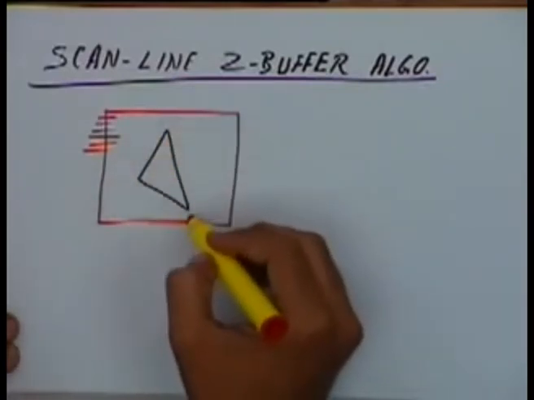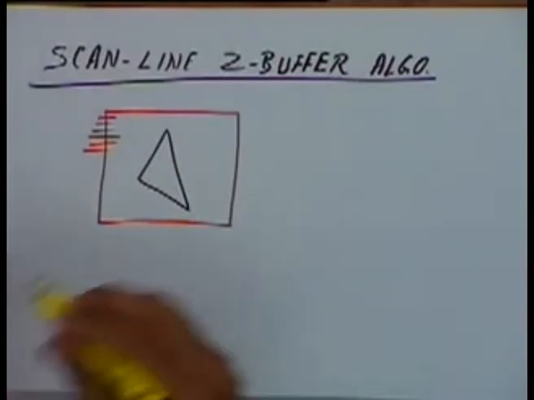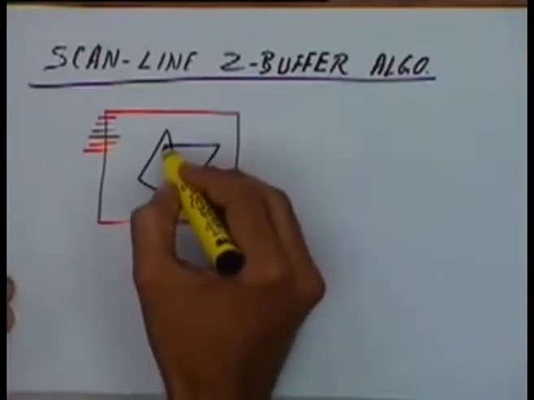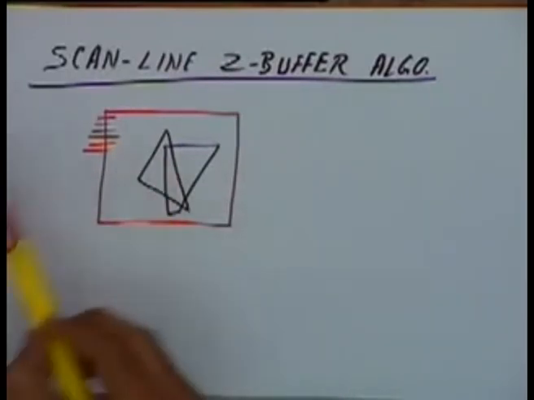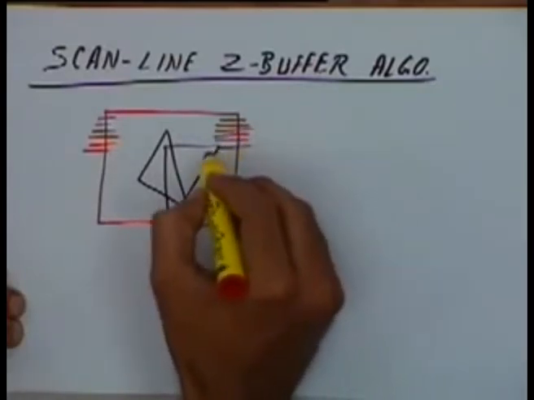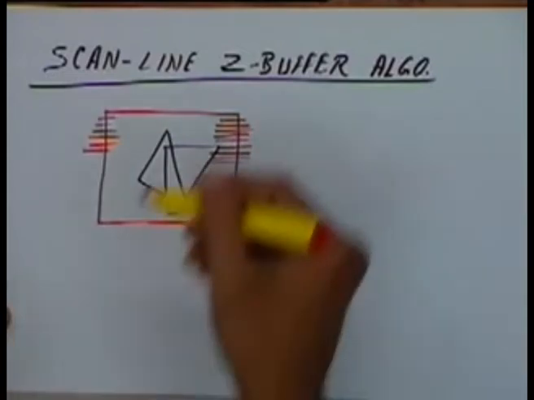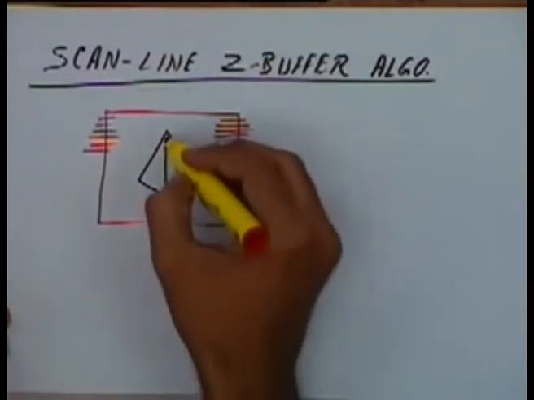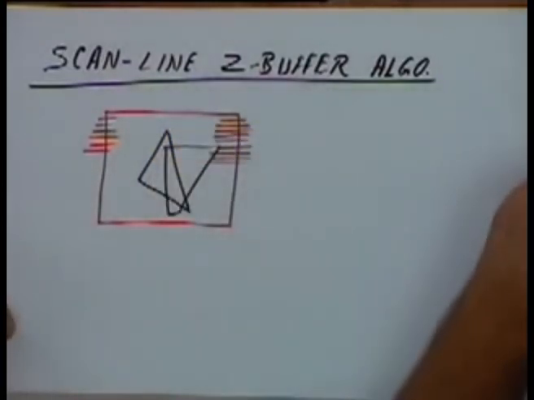So I first scan this polygon row by row, then I take the next polygon which looks like this, and now I will start scanning that row by row. As I am scanning, the display characteristics of each pixel I am going to store in the Z buffer as well as the frame buffer.